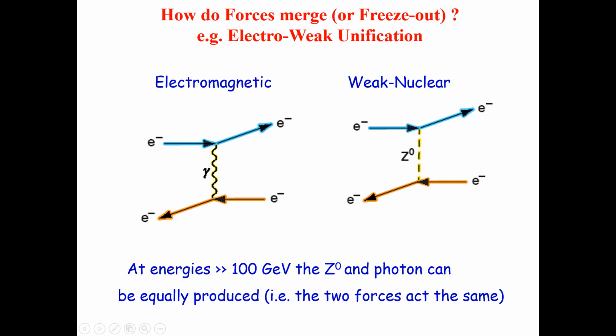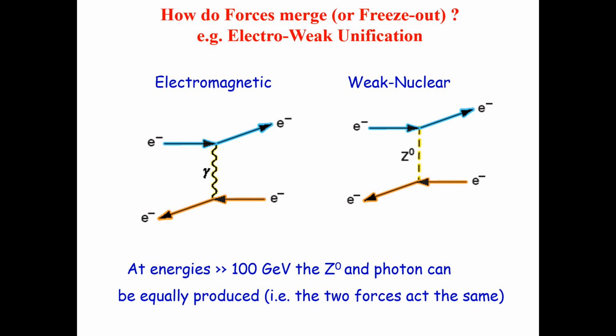So if we have this much energy, at this energy the scientists are saying that the neutral bosons and photons can be equally produced. What does it mean? It means that the two forces act the same.